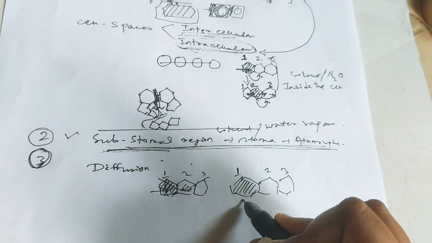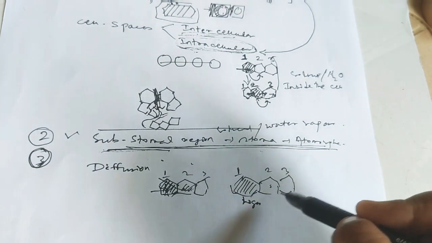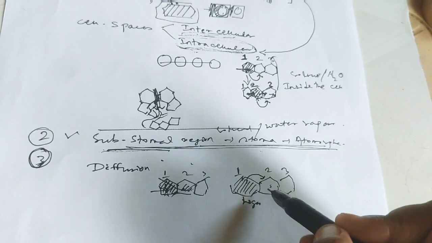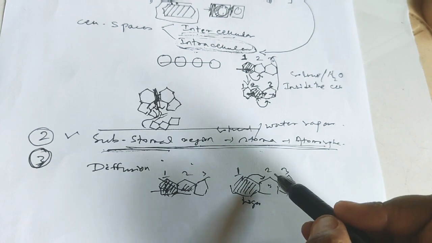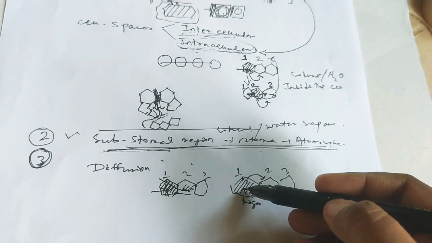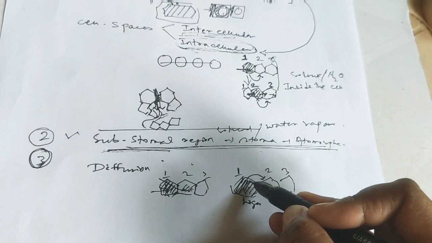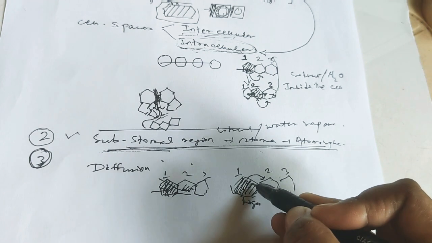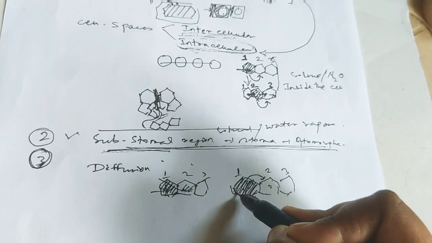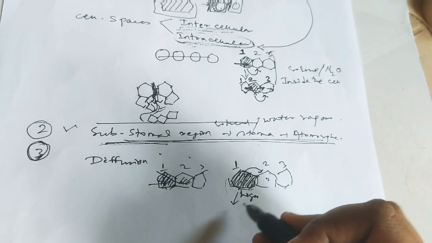Now this first cell has higher concentration and the nearby cell has lower concentration, so it automatically moves from this cell to the next one. It moves from one cell to another due to the turgidity of the cell. Now the cell has become turgid. The cell is full of what?